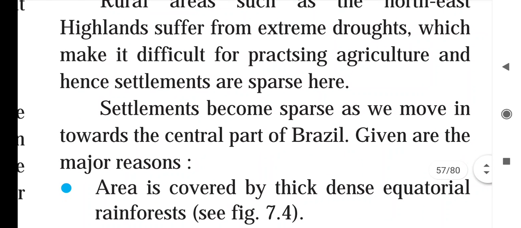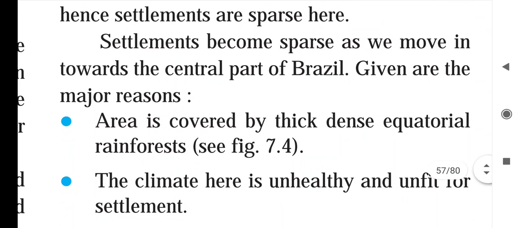Settlement becomes sparse as we move towards the central part of Brazil. Let us see the major reasons why people do not prefer to live in the central part of Brazil. Number one reason, the area is covered by thick dense equatorial rainforest.